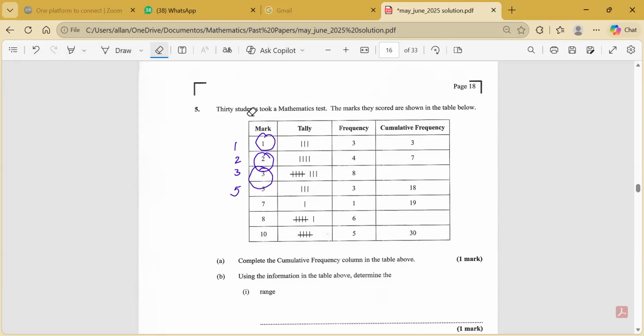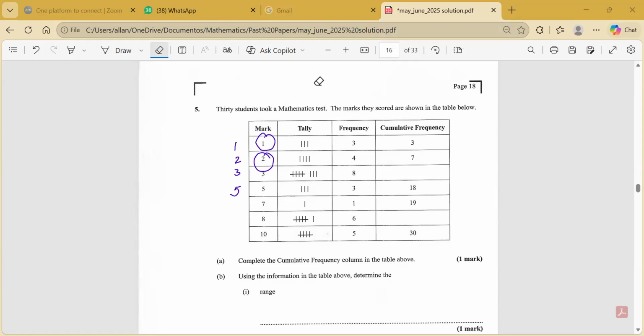It's quite easy, but I'll explain it as we go along. Tyrese, how many fives? 3, sir. 3. How many sevens? 1. How many eights? 6. How many 10? 5.